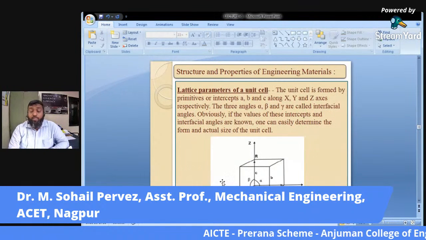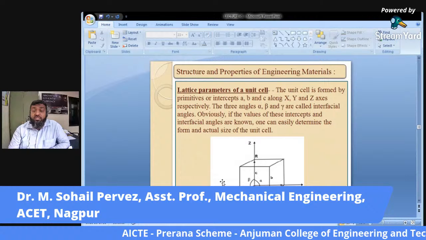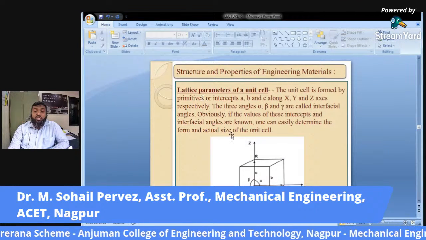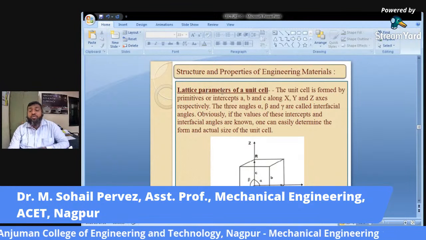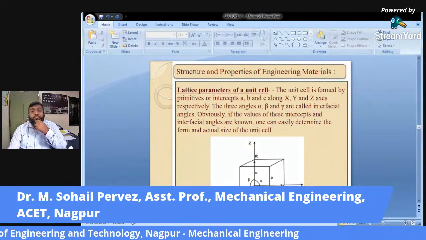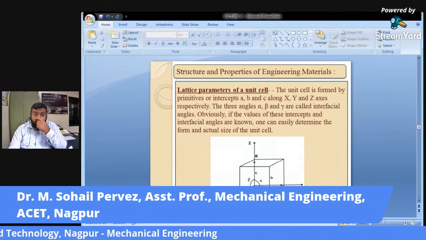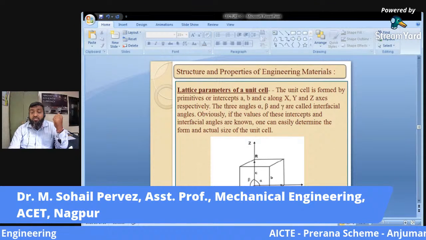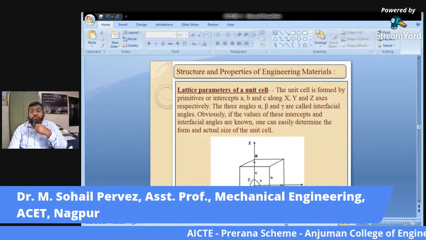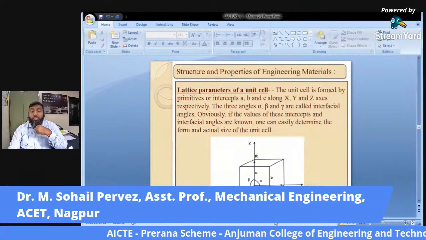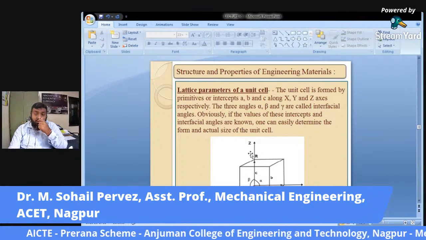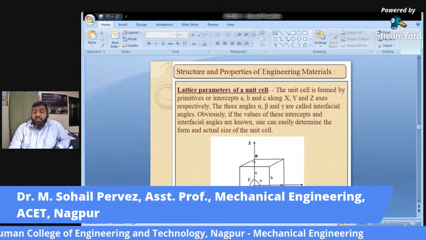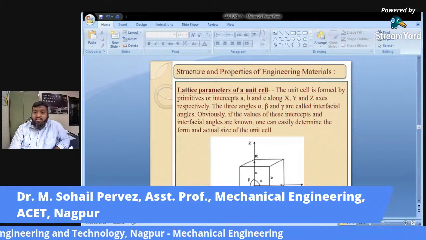Next, this is what we were discussing from the last two slides, the structure, and these are the lattice parameters of a unit cell. This is a unit cell wherein it is divided into a coordinate system as x, y, and z, wherein points P, Q, and R are the edge lengths along all these three axes.